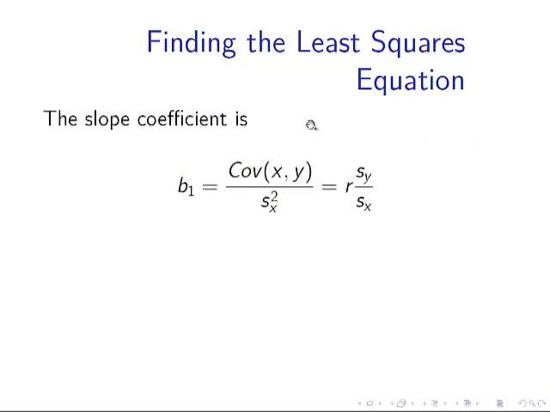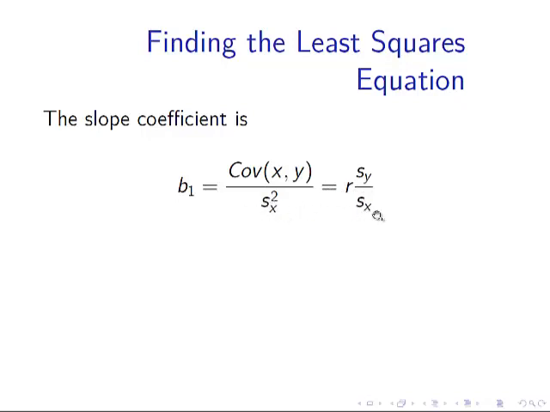The slope coefficient is calculated using this formula. b1 equals the covariance of x and y in the numerator over sx squared in the denominator, and it is also equal to r multiplied by sy over sx. Both these formulas are correct.